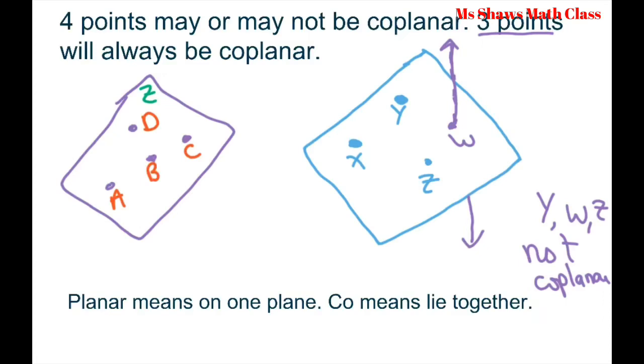Planar means on one plane. Co means they have to lie together. So in this case, W doesn't lie together with the other 3 points.